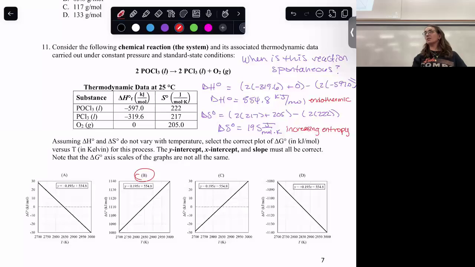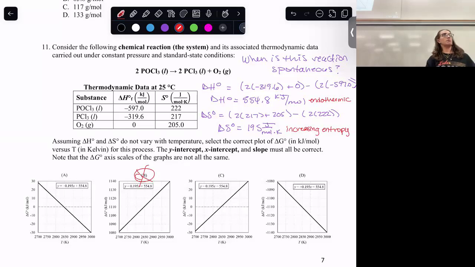Perfect, right? Delta G will always be positive when delta H is positive and delta S is negative. Is that our case here? No. So we can automatically get rid of B because we know that at some point this will be spontaneous.